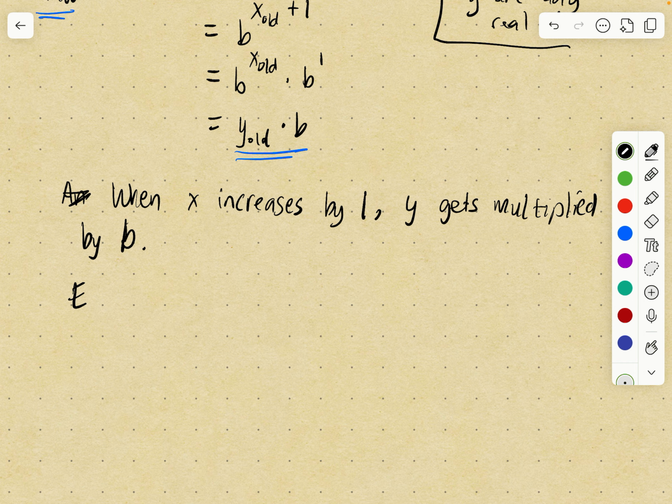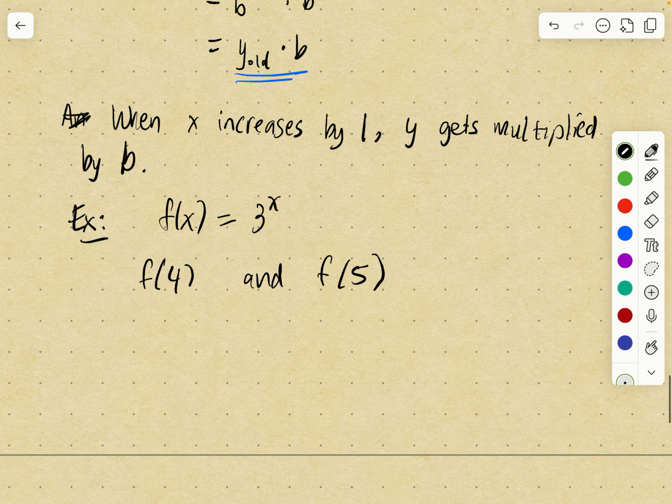So it might help to just look at an example. Let's say that you have f of x equals 3 to the x, and I want to compare f of 4 and f of 5. Well, f of 4 is just 3 times 3 times 3 times 3. F of 5 is 3 times 3 times 3 times 3 times 3.